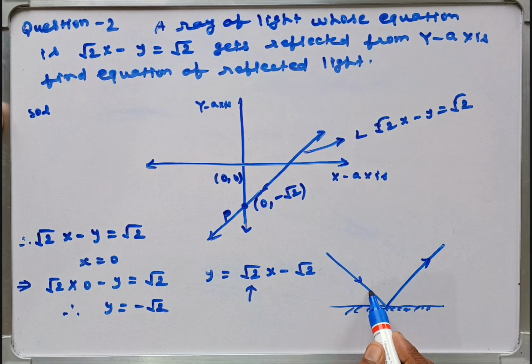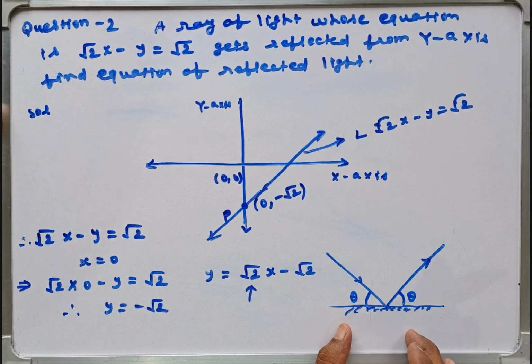If this angle is theta, then this angle must be theta. So what is the difference between the gradient values? We always measure the gradient from the x-axis.